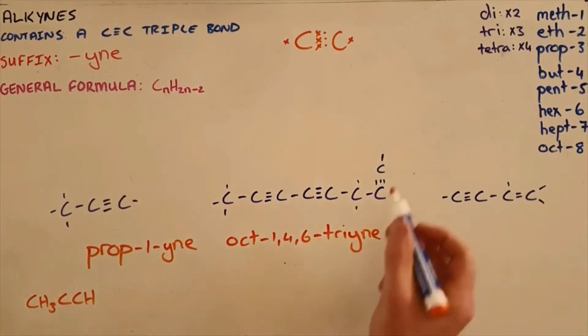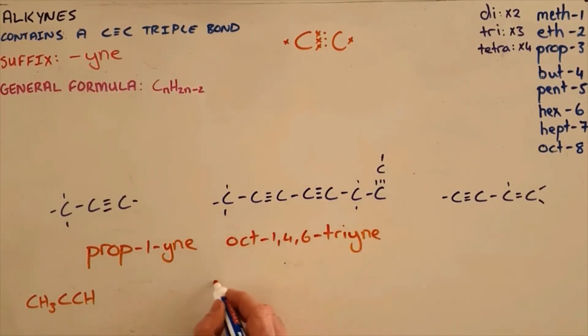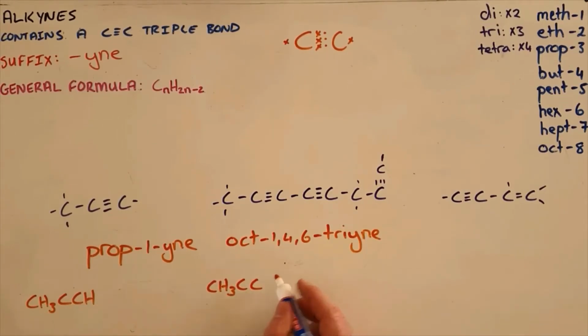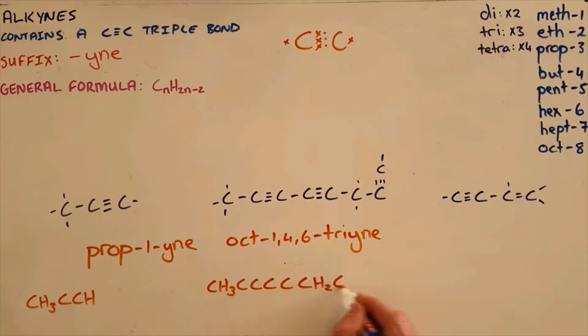And the condensed structural formula for this molecule can be written as CH3 followed by a C followed by another C, C, C, CH2, C, CH.